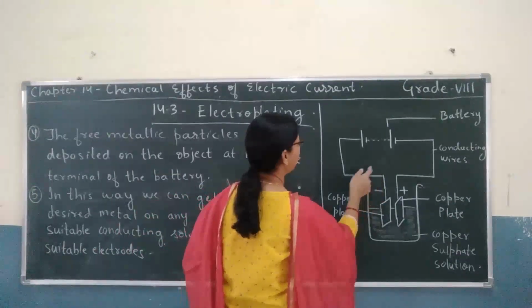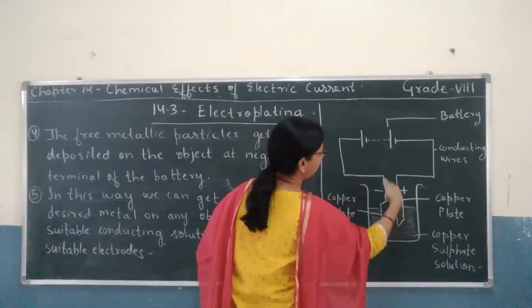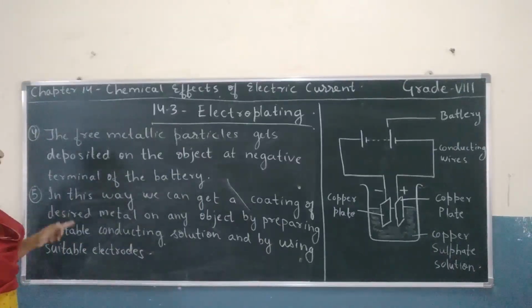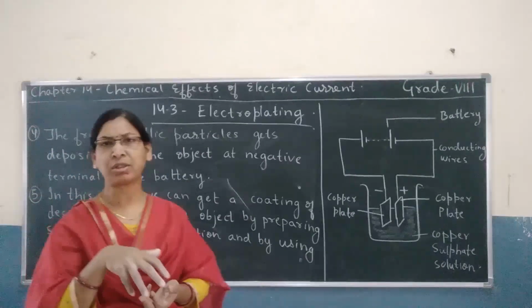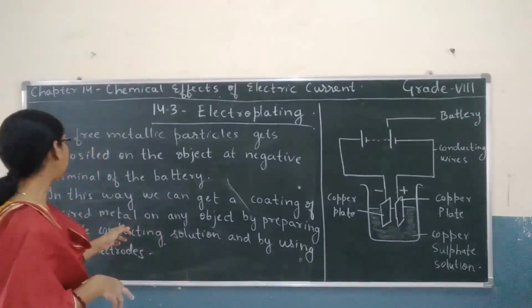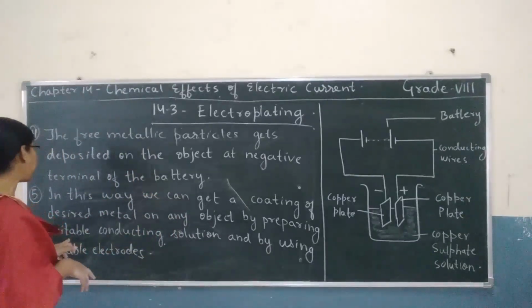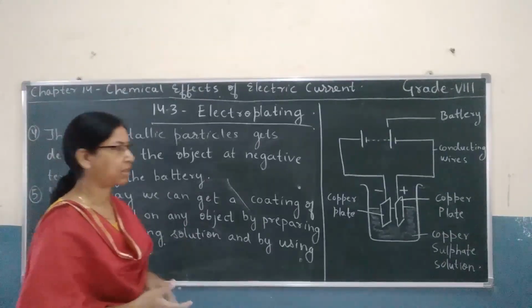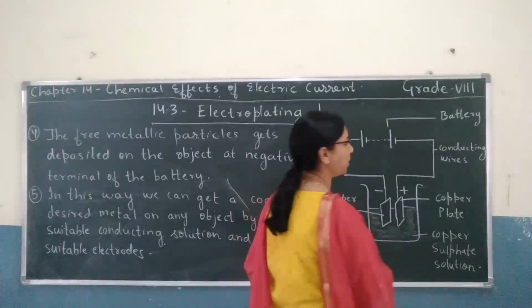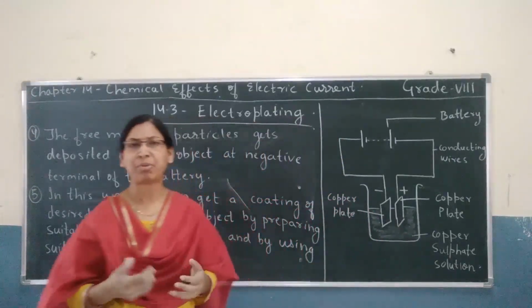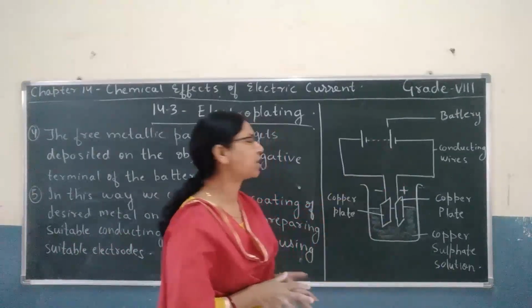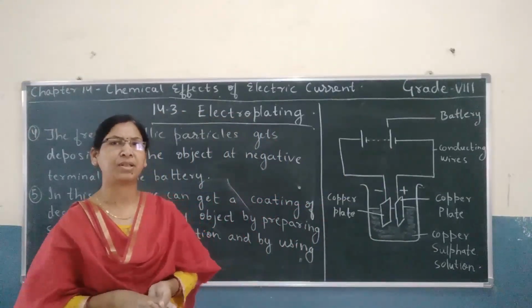So in this way, we can get a coating of the desired metal. Whatever metal you want to coat on the other metal, we get by preparing a suitable conducting solution and by using suitable electrodes. Here, copper plates are used as electrodes. It can be positive and negative electrodes also. So, this is how the process of electroplating works.